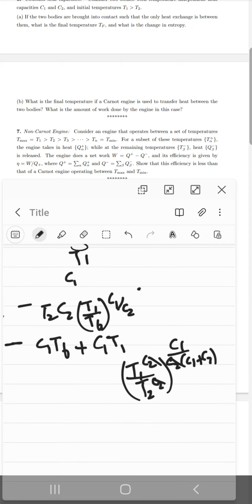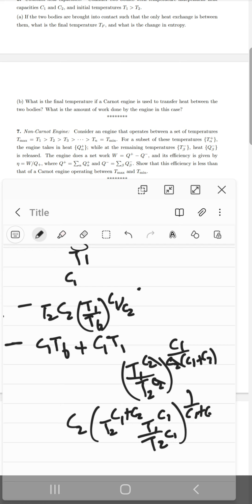I suppose you can bring the t2 inside, right? Yeah. And so you can bring the t2 inside, so just get c2, and then you got t2 power c1 plus c2, and then t1 power c1 upon t2 power c1. That is 1 upon c1 plus c2. Cool.